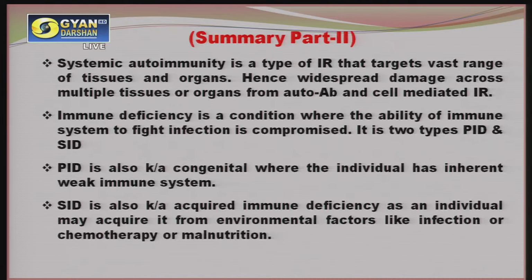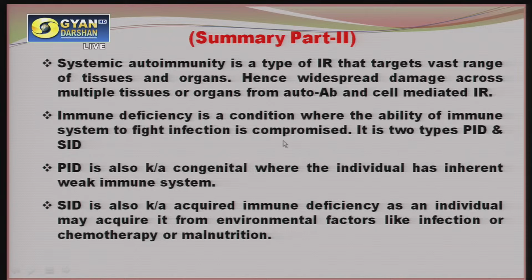Dear learner, I want to summarize part two. You have learned a number of things, and I want to discuss them one by one. Systemic autoimmunity is a type of immune response that targets a vast range of tissues and organs, hence widespread damage across multiple tissues or organs from autoantibodies and cell-mediated responses. You have also learned that immunodeficiency is a condition where the ability of the immune system to fight infection is compromised.